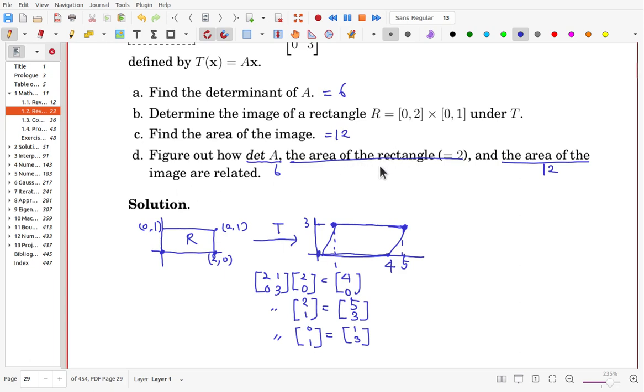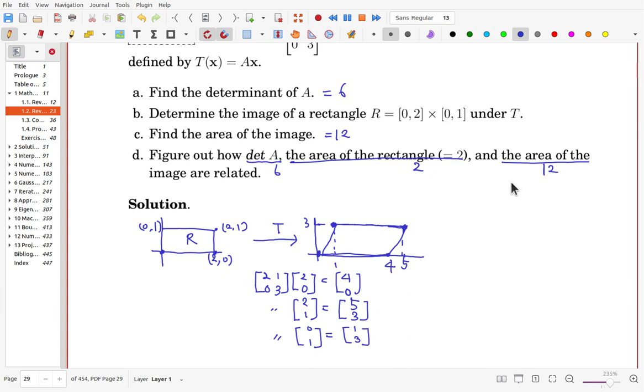So the area of the original rectangle is 2, the determinant of A is 6, and the area of the image is 12. It looks like multiplying 2 by 6 becomes 12.